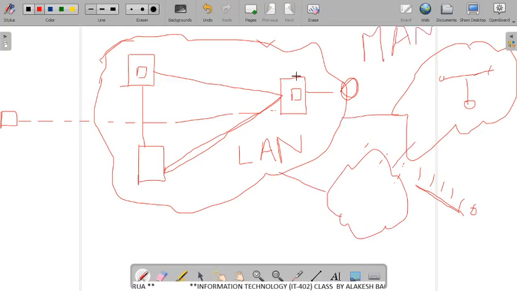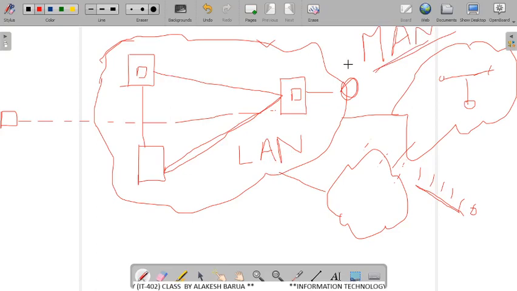That means local area networks in a particular geographical area are connected together. Multiple local area networks connected together form a metropolitan area network. For example, the network in a whole city that comprises networks from different organizations, different institutions, etc. So that is a metropolitan area network.